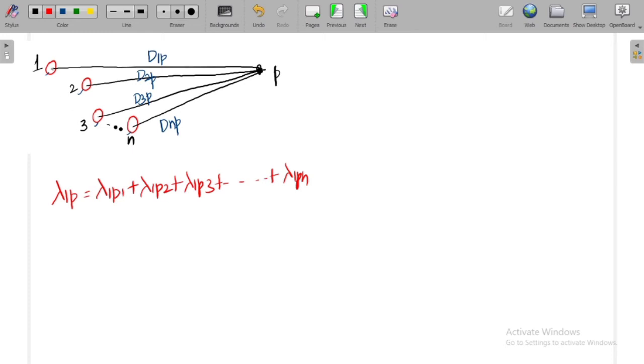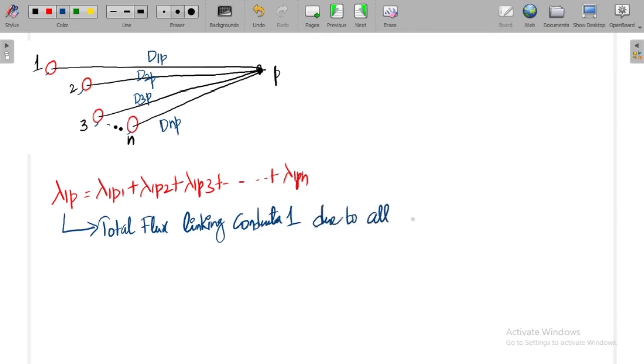We are finding the flux linking the first conductor, and this flux ranging up to the point P. So what is meant by lambda 1P? It is nothing but the total flux linking the first conductor. What we need to understand, it is nothing but the total flux linking the conductor 1 due to all currents including I1, I2, I3 and so on, In. Each current will produce a flux, and this flux links with the first conductor. This is called the total flux linkage with the first conductor.